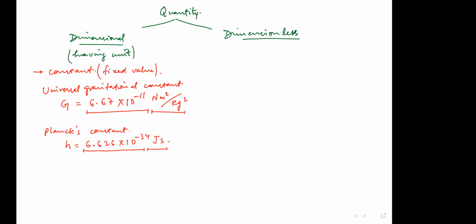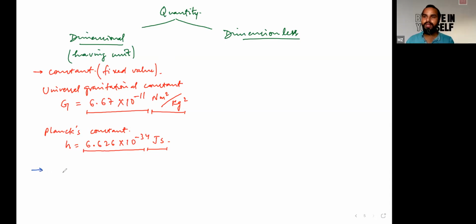No, sir. Okay. Now there would be some quantity whose numerical value may vary from question to question, but whose unit would remain the same. So that particular quantity would be called a variable, or we can say it would have some changeable value, like force.